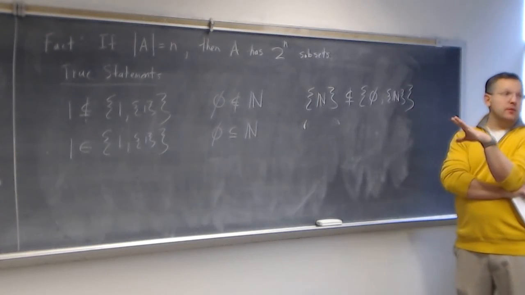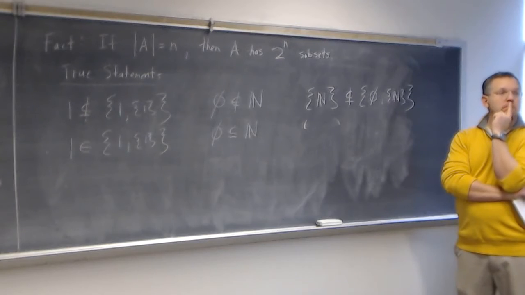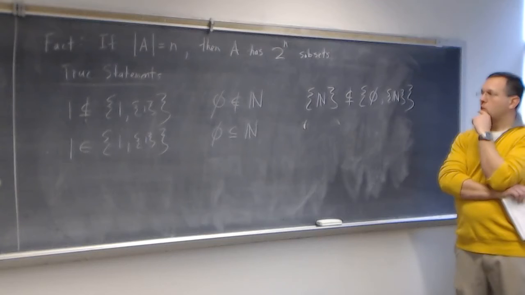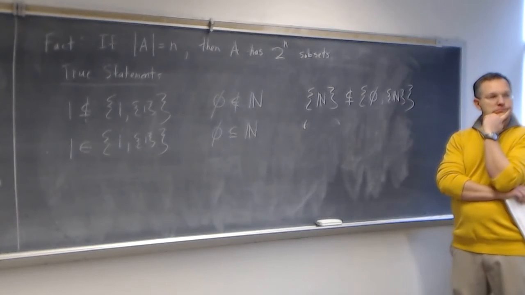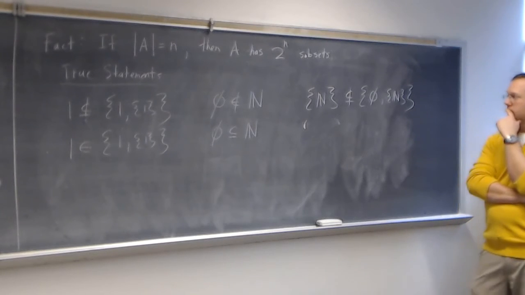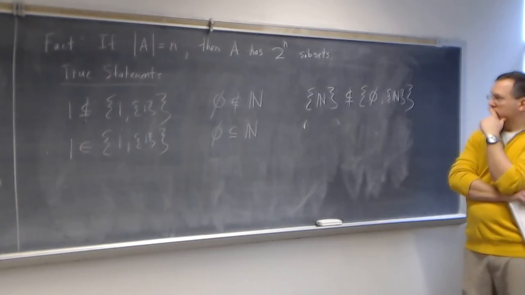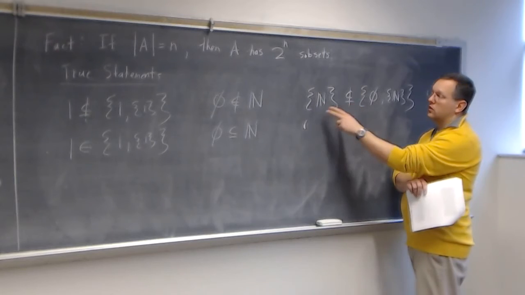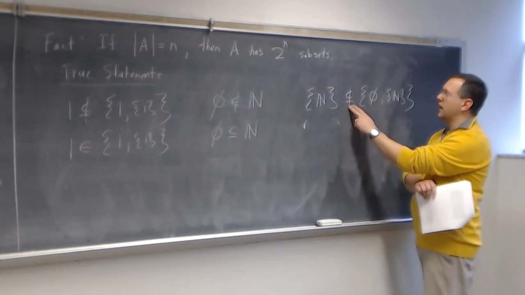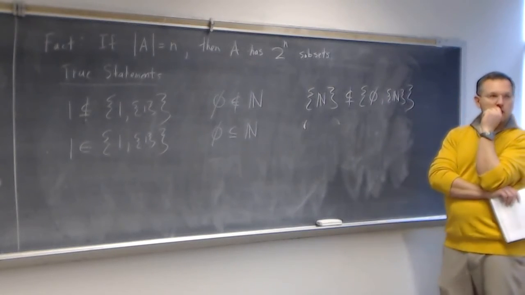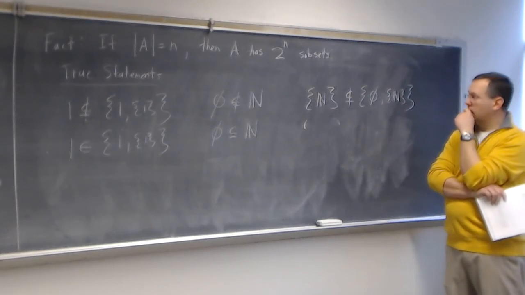Again, these are all true statements. Explain why this is true. This is the symbol for not a subset. This set is not a subset of this set. Because your natural number set has numbers in it, and you have an empty set.